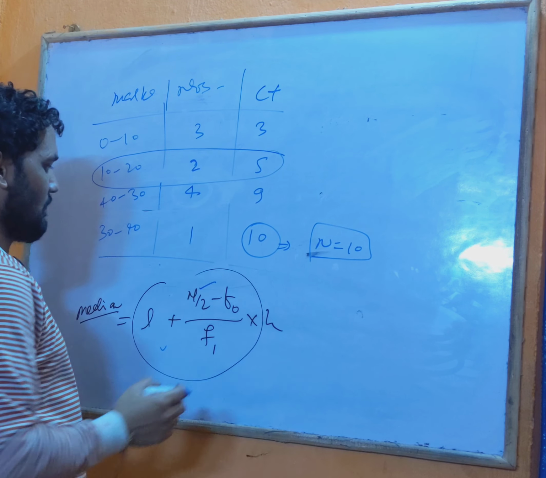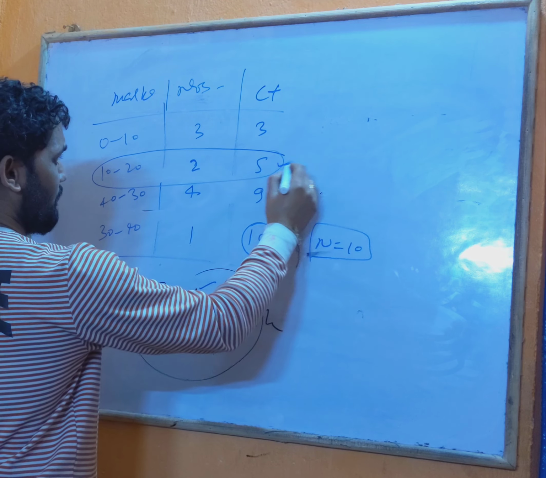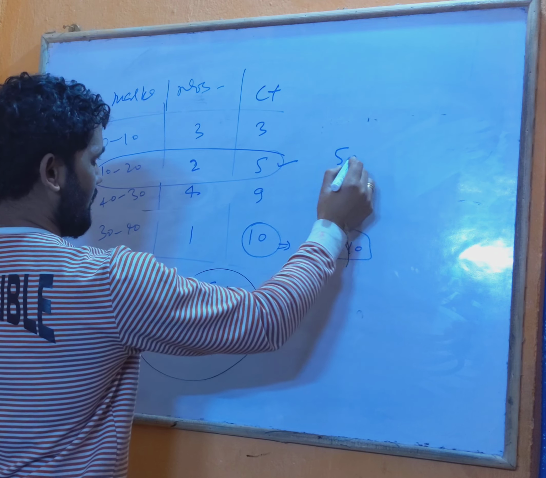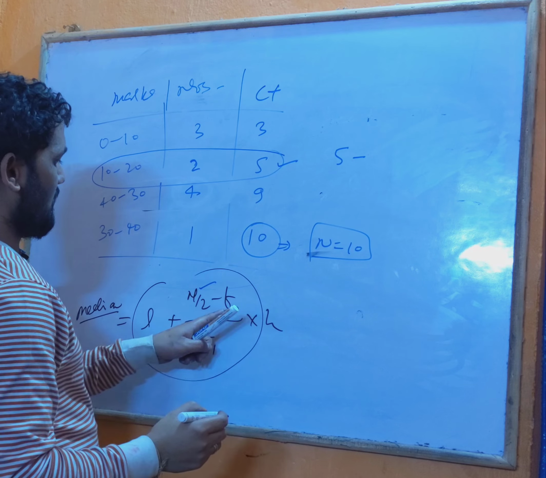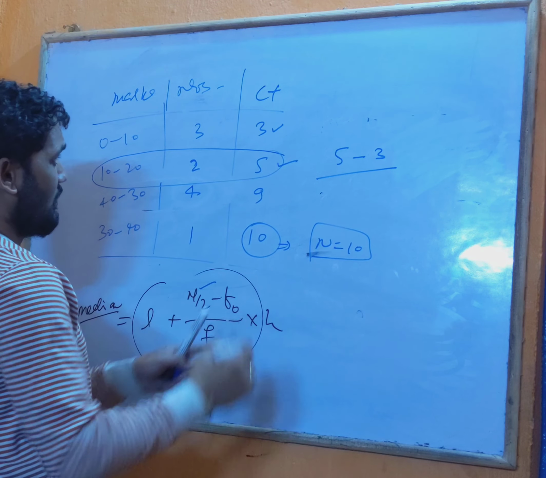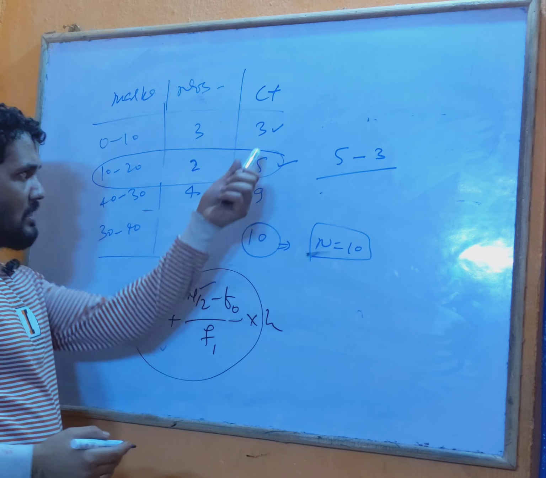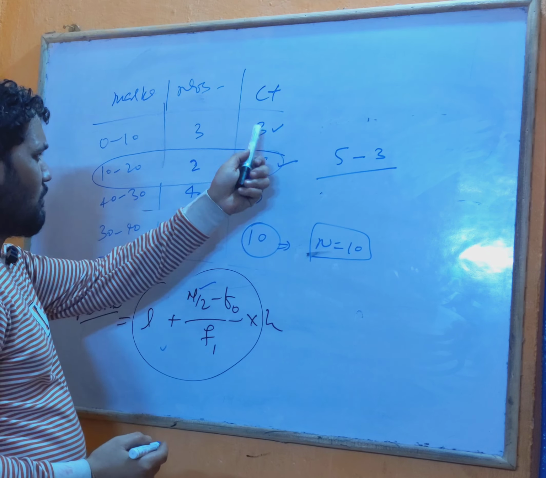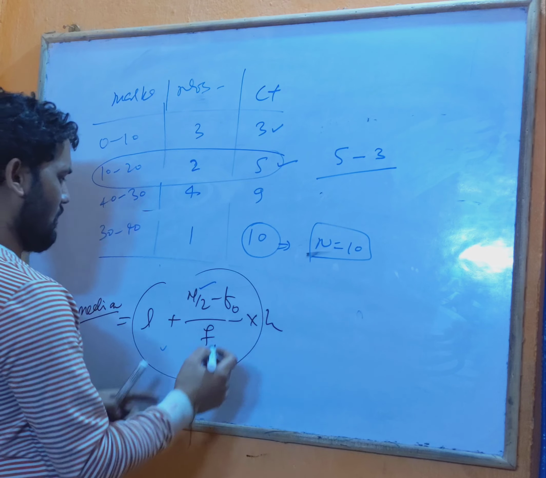So 5 means this is your median class. n by 2 is 5, minus the frequency just preceding, the just previous frequency, which is 3.